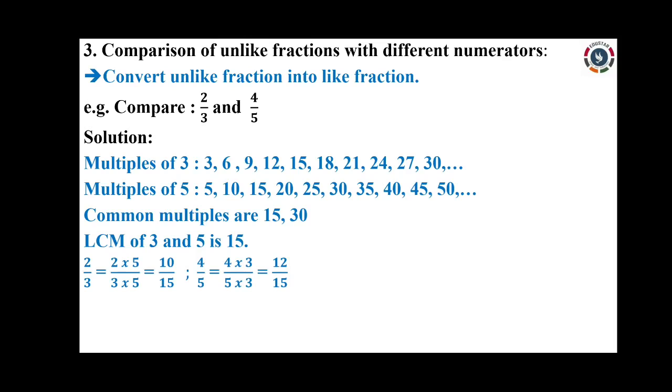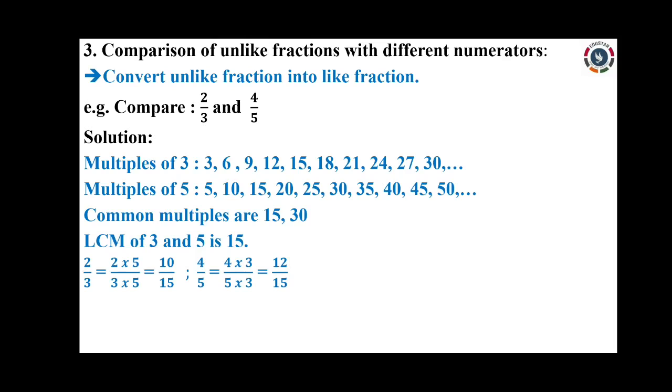Both the numerator and the denominator are multiplied by the same number. So 3 fives are 15, 2 fives are 10. Why are we multiplying with 5? To get the denominator as 15. Now we converted the unlike fraction 2 by 3 into 10 by 15.